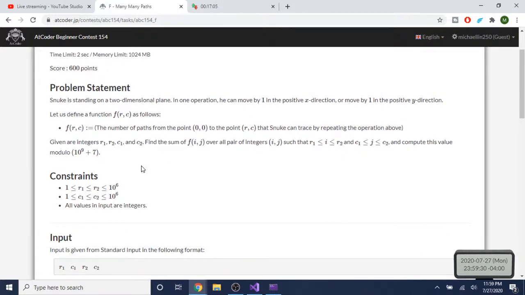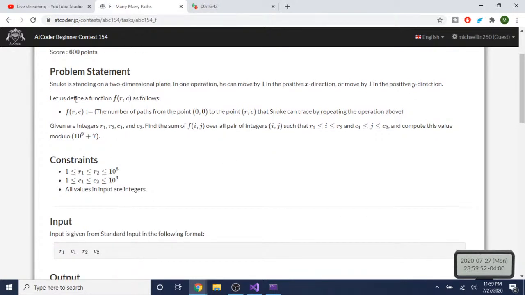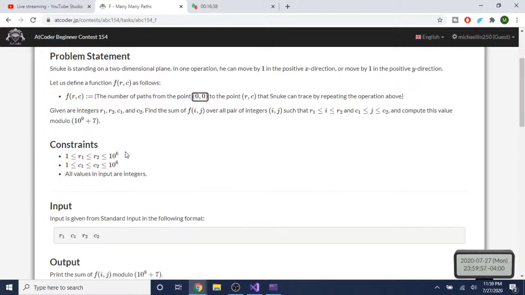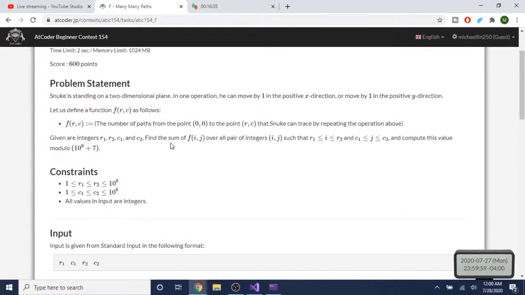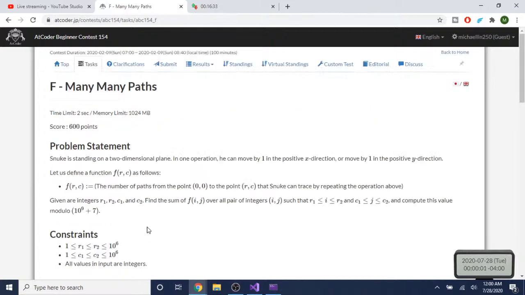We're trying to figure out the number of paths from point 0, 0 to point RC, going up one and to the right one. Then after that, we sum all of those from R1 to R2 and C1 to C2. Right now I'm trying to figure out how to count the number of paths. That's the issue right now.